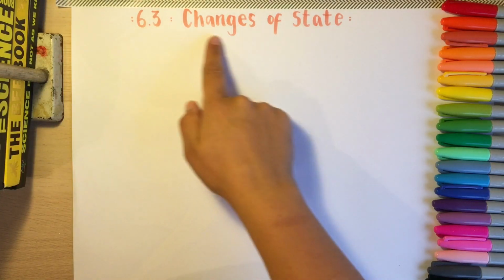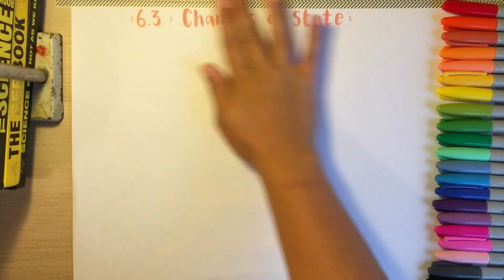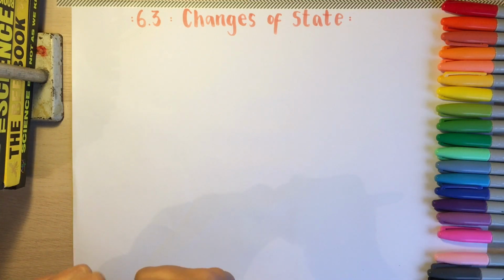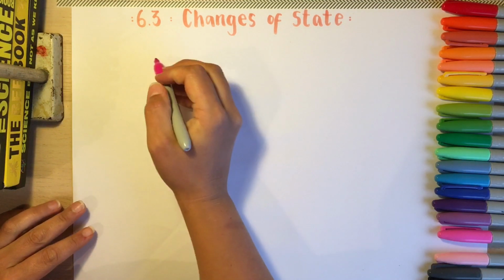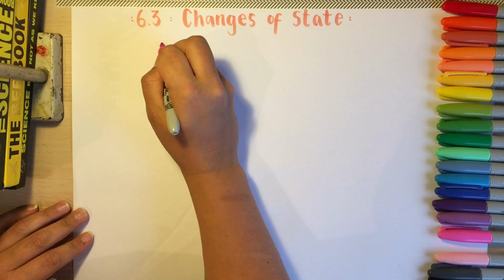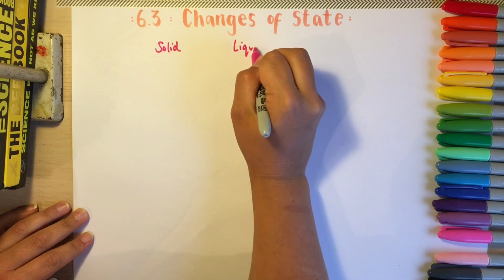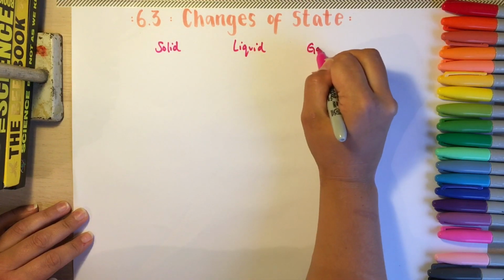In this lesson about changes of state, we are going to build on what we did last lesson, but let's just do a quick recap so that we know what it is that we're talking about. So the three states of matter, if we remember, are solids, liquids, and gases.